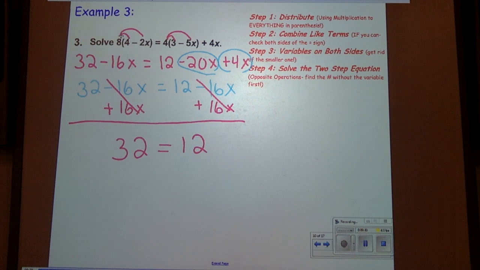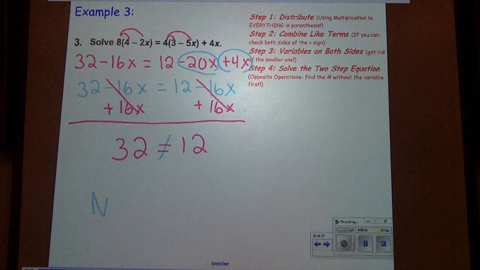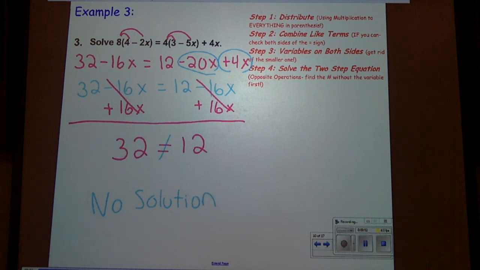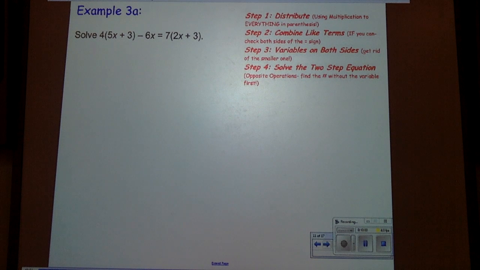Does this look right? Does 32 equal 12? No. So when you get something like this, there is going to be no solution. So whatever number we plug in for x won't make a true or balanced equation. So now we have no solution. And right here, if you see, we have 32 minus 16x and 12 minus 16x. Those aren't true there either.